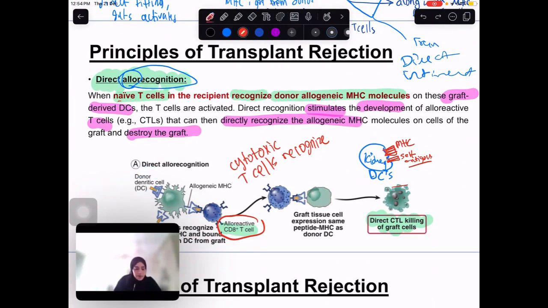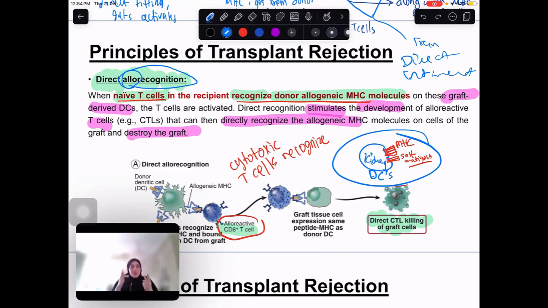Look, when naive T cells recognize donor MHC molecules, because the DCs I got are from the kidneys, they have their own MHCs and their own self-antigens. When they're being shown to the CD8, what's being bound is the MHC. So the T cells will recognize the MHC and say, okay, this MHC is not mine.